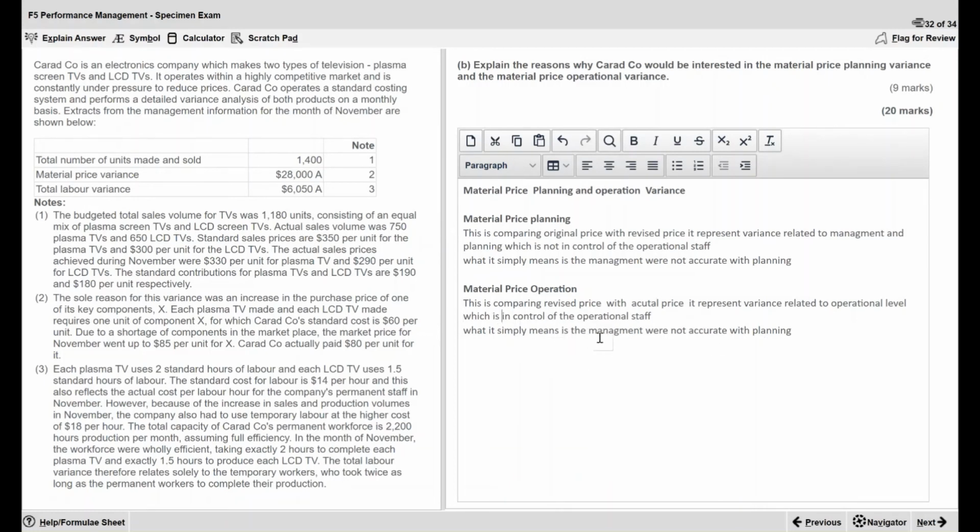What it simply means is that operational staff did not perform well.